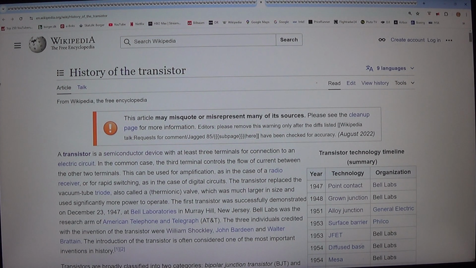So I just read one by one. Just try to learn something new and have a good day.